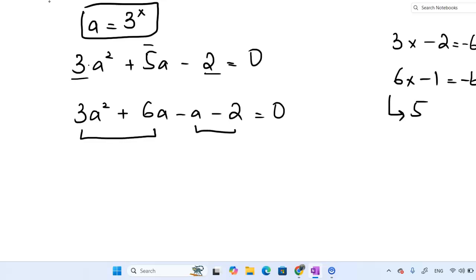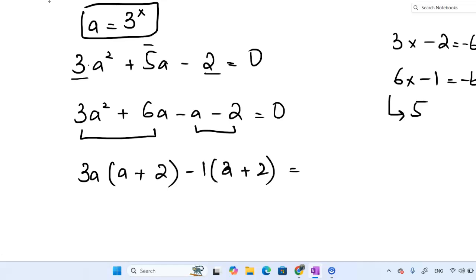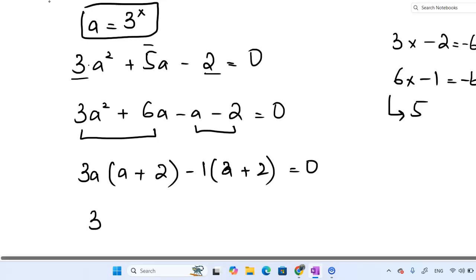Now I'll take common factors from the first two and the last two terms. So this becomes 3a times (a plus 2), and then minus 1 times (a plus 2) is equal to 0. Now I will take a plus 2 as common, because in the two terms that I have, this seems to be the common factor.